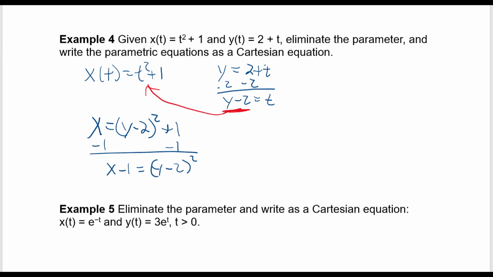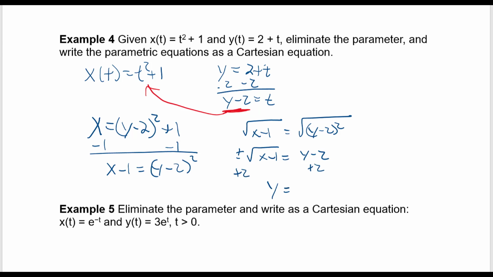Then I'll take the square root of both sides. So the square root of x minus 1 equals y minus 2. I guess I could say plus or minus. And we can add 2 to both sides, and we'd have y equals 2 plus or minus the square root of x minus 1.